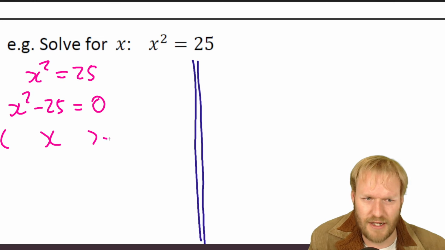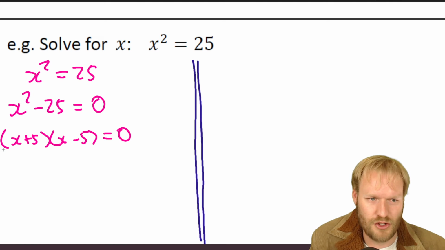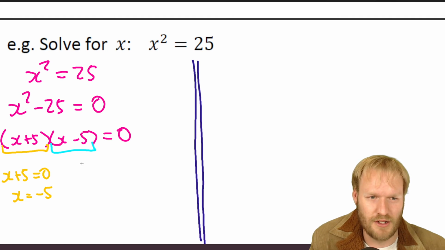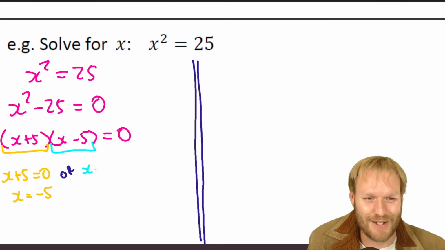That looks like a difference of two squares: x plus 5, x minus 5. So either that thing there is 0, in which case x is negative 5, or x minus 5 equals 0.